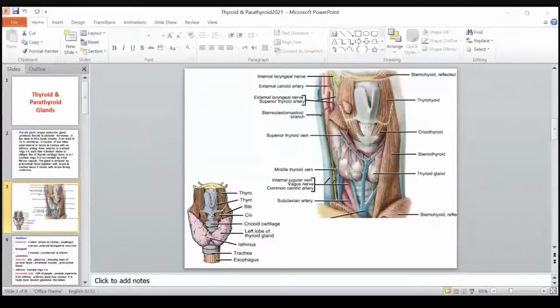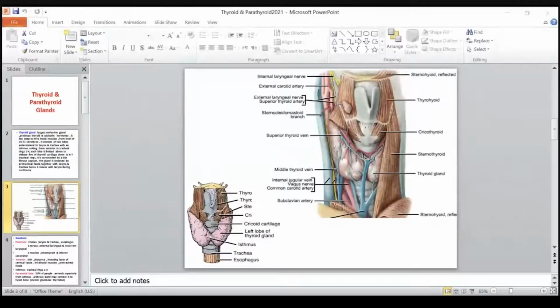It's an endocrine gland. So it's a ductless gland, has no ducts, and this gland secretes thyroid hormones T3 and T4, thyroid hormone 3 and thyroid hormone 4. Each lobe of the thyroid gland is applied to the lateral aspects of the larynx and the trachea.